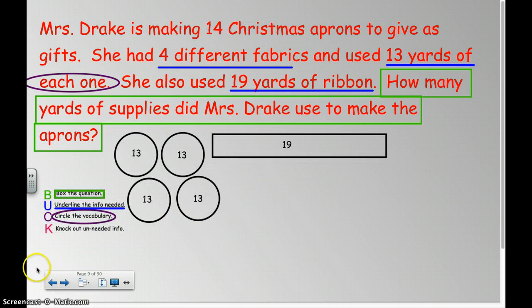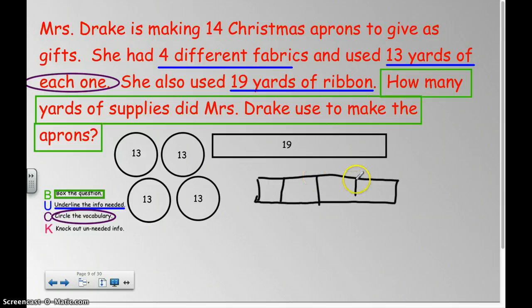So there's a model here, but I'm also going to show you the strip diagram. With a strip diagram, I know that she used 4 different fabrics. 1, 2, 3, 4. And 13 yards of each one.